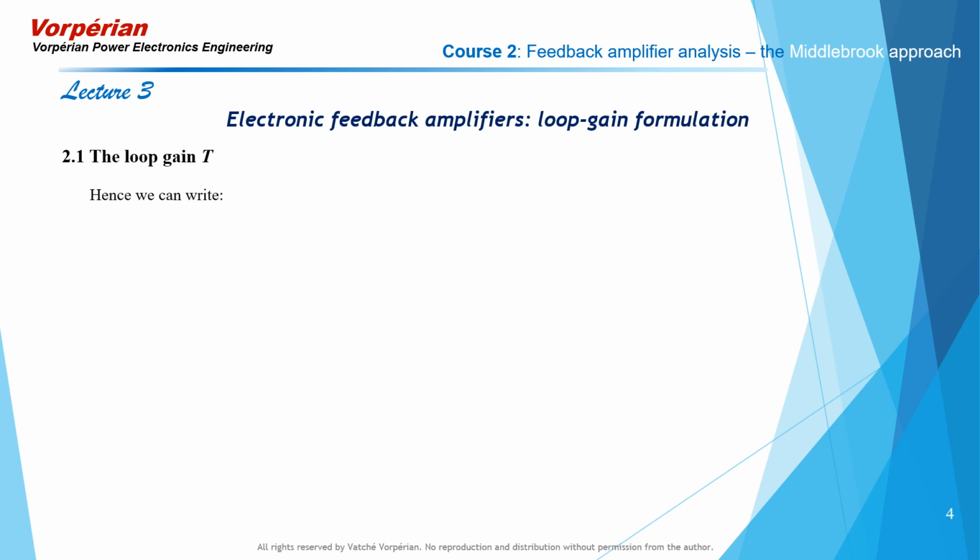Hence, we write that expression as follows. The closed loop gain AF equals the closed loop gain with A going to 0 multiplied by 1 over 1 plus A A bar, plus the closed loop gain with A going to infinity multiplied by A A bar divided by 1 plus A A bar.